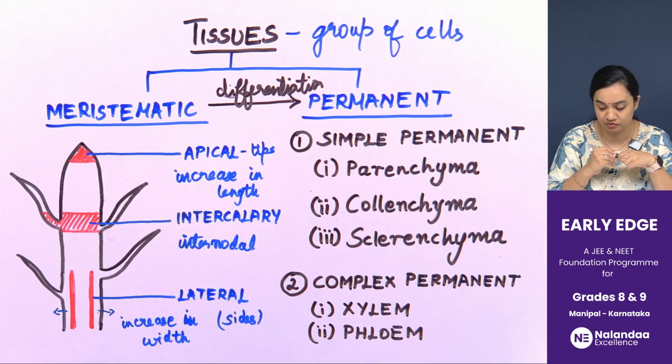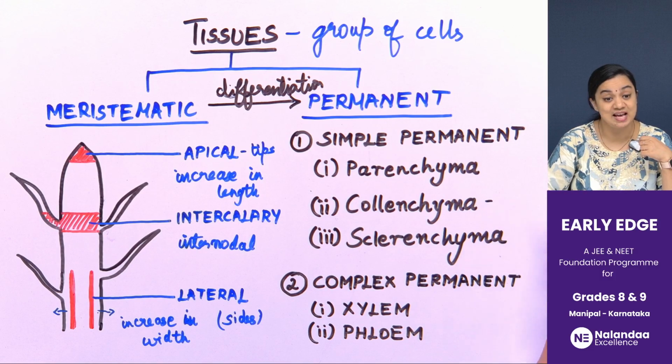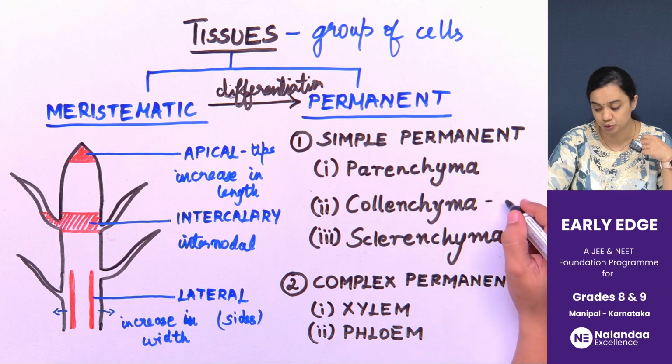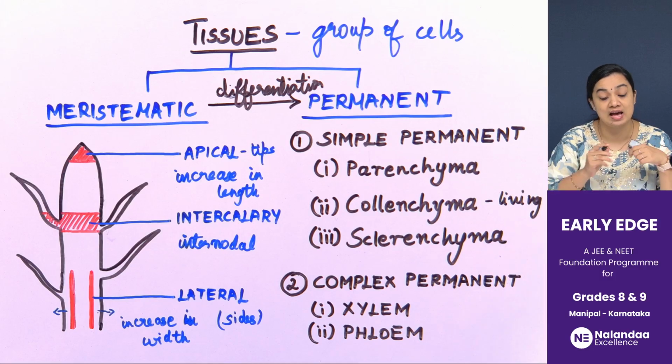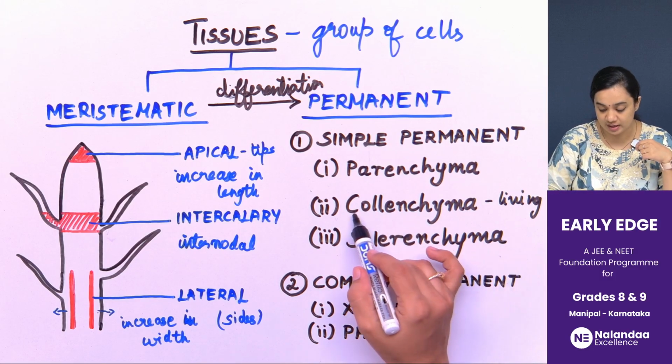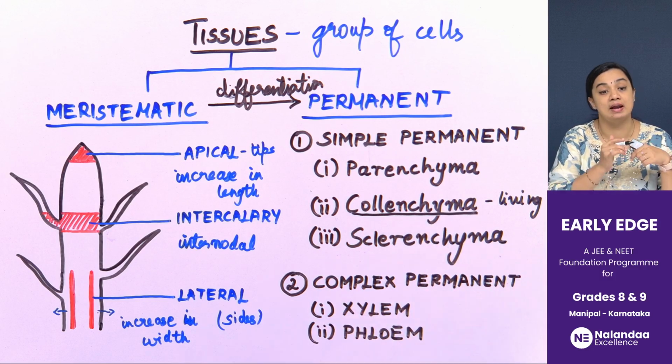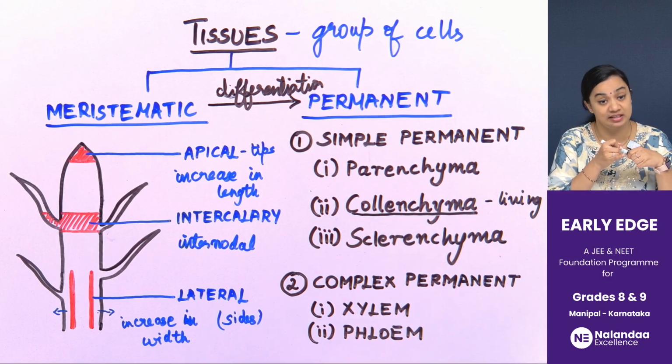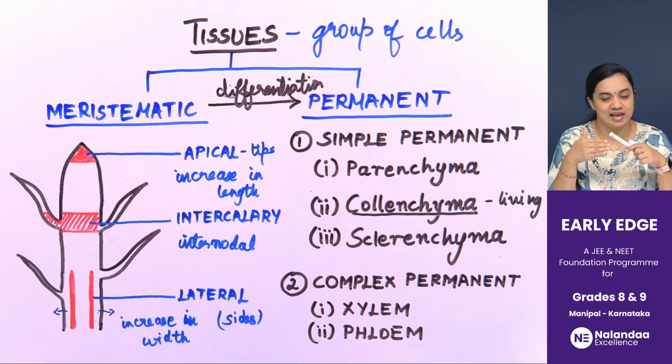And then we have collenchyma cells, which is a living mechanical tissue. So parenchyma and collenchyma cells are living cells, wherein collenchyma cells are a mechanical tissue that provides extra support to a particular plant part. For example, you've seen climbers, right?